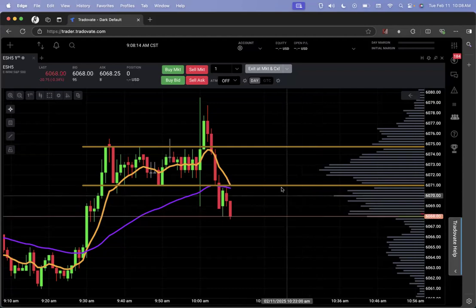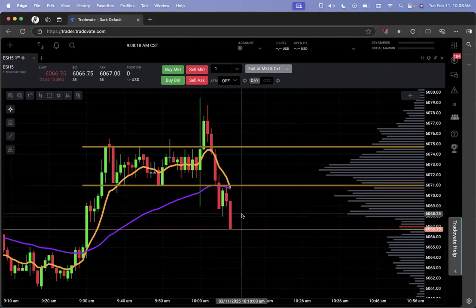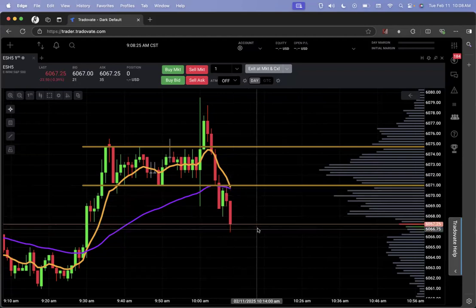That was a nice play. 90 MA. Ooh. 90 MA reject, guys. That's what that looked like. And we're getting that downside now.